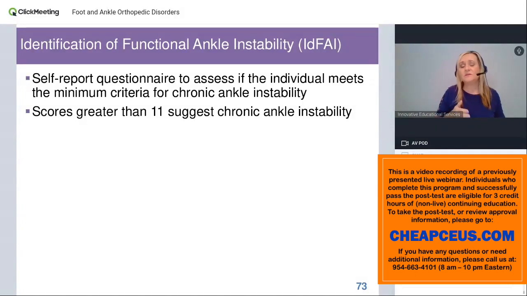They have found in some research studies that 88% of individuals who met the criteria for chronic ankle instability were actually identified through this tool. So, in terms of the max score, it's 37, and then greater than 11 suggests chronic ankle instability, to give you an idea.